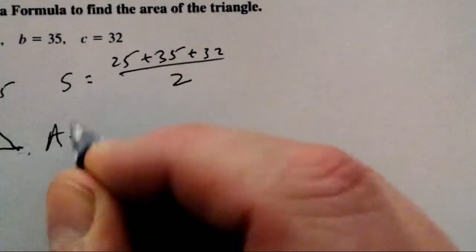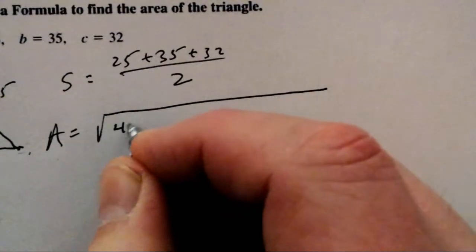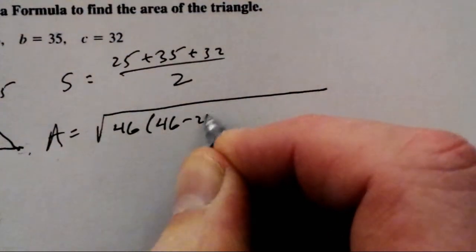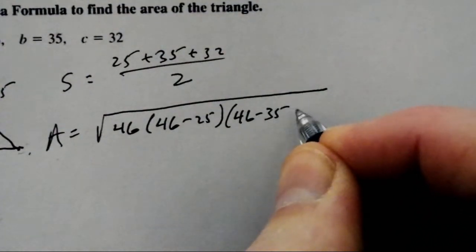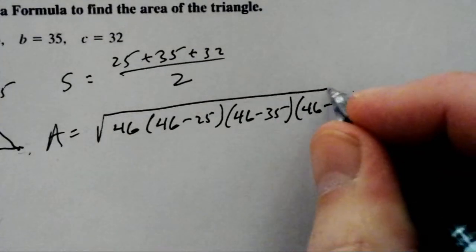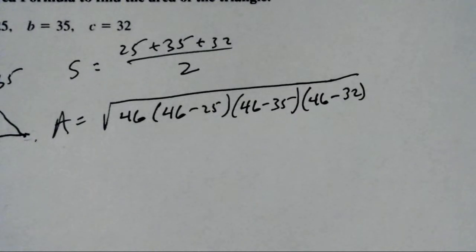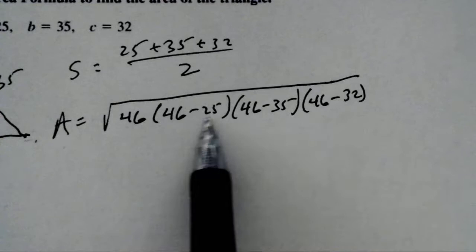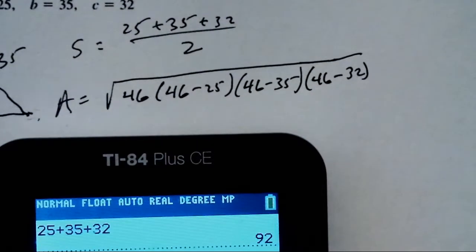So our area is the square root, S stands by itself first, 46. And then you have to take 46 minus 25, and 46 minus 35, and 46 minus 32. Probably the most common mistake made, other than not bothering to know the formula, is forgetting to put S by itself. You're not going to forget one of these. Okay, so we'll just do that on our calculator.